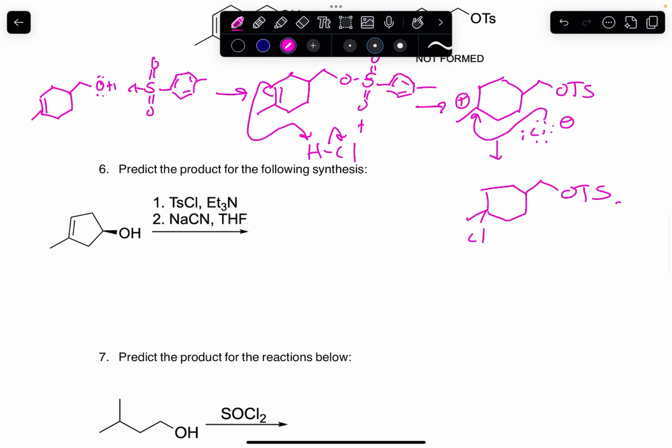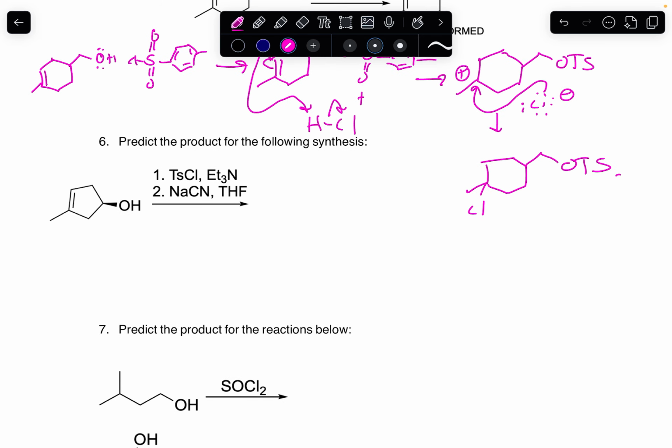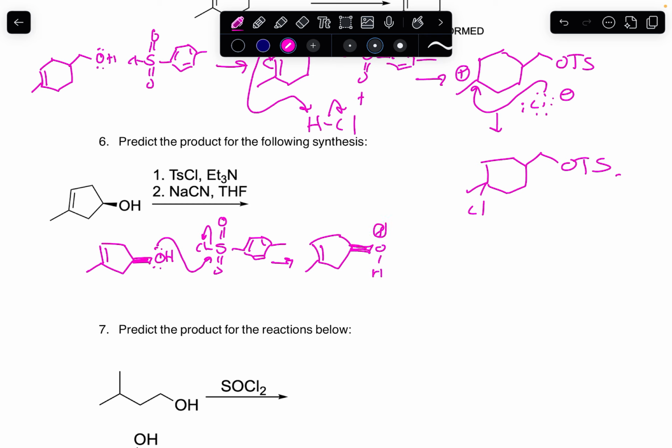The way that we fix this is shown in number 6. So tosylates, here we are. If I went ahead and did the addition here with the tosylate, I would get my alcohol protonated still, right here, with the tosylate group coming off.